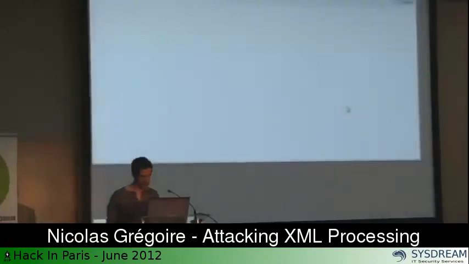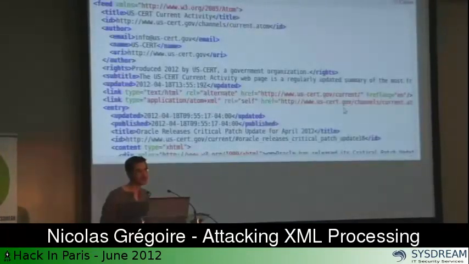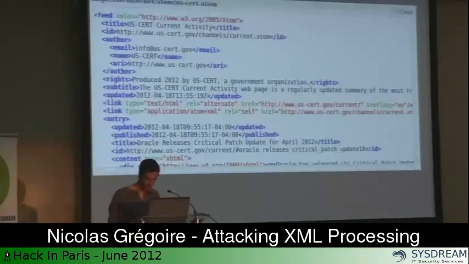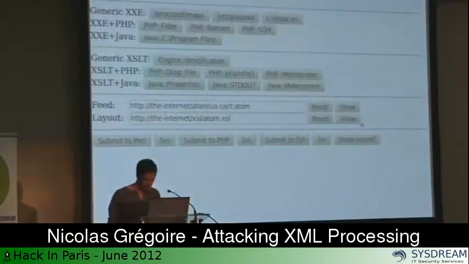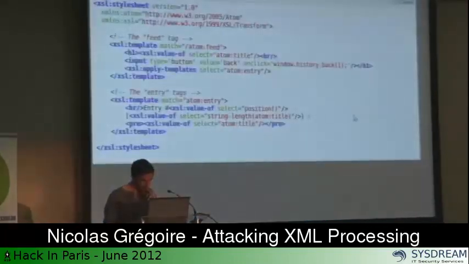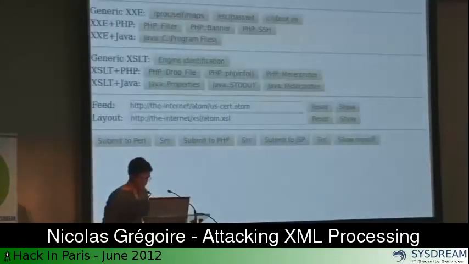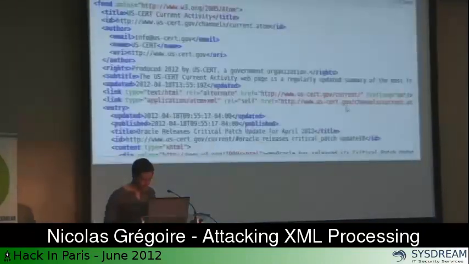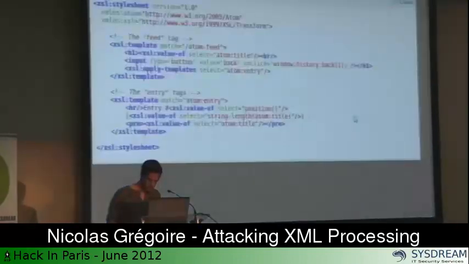Okay. This is a copy of the Atom feed of the US-CERT. It's a local one, but it doesn't change anything. And this is the XSLT layout code which will print the title, and here we are printing the title of the entries.